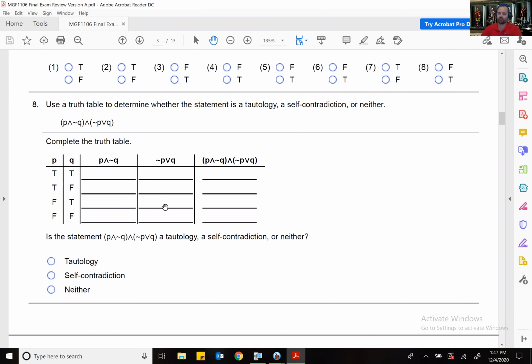Now, this is one of those truth tables where I think they did us a disservice and left off 2 columns that I think are important.